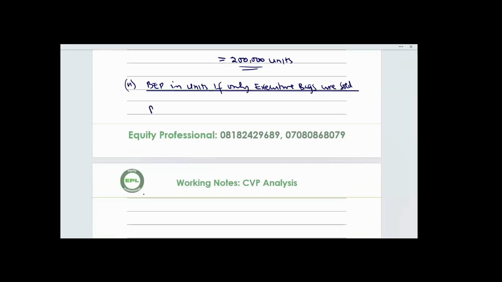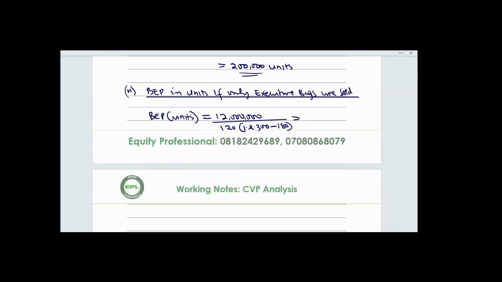So in this case, break-even point in units will be equal to fixed cost of 12 million naira over contribution per unit of executive. That is 300 naira minus 180 naira variable cost. That will give us 120 naira. So 12 million divided by 120 should give us 100,000.